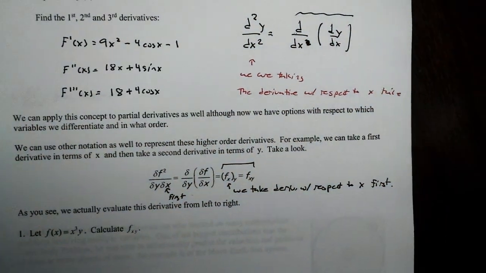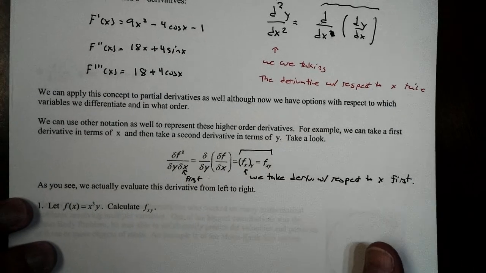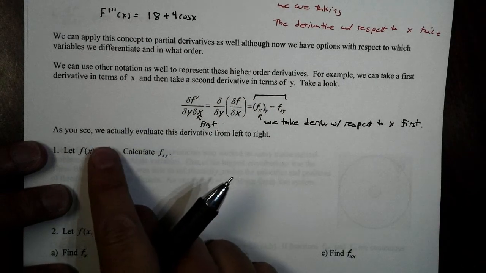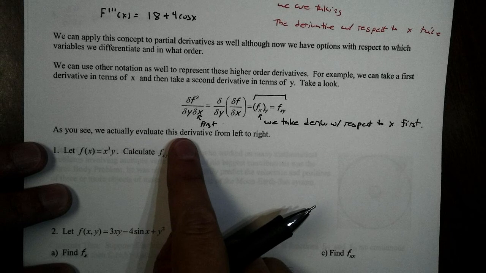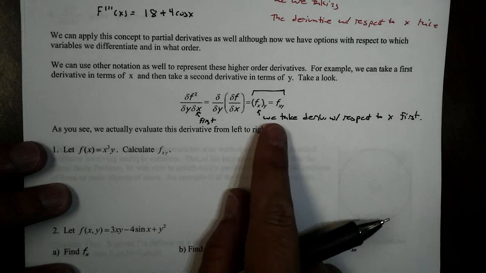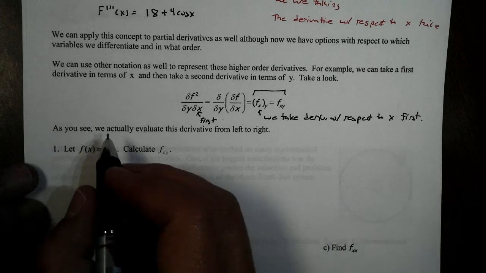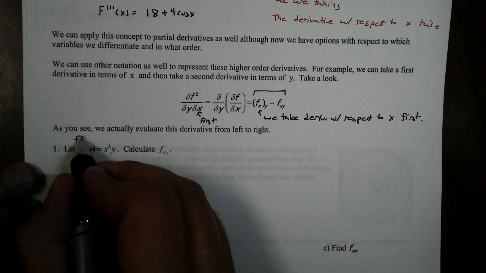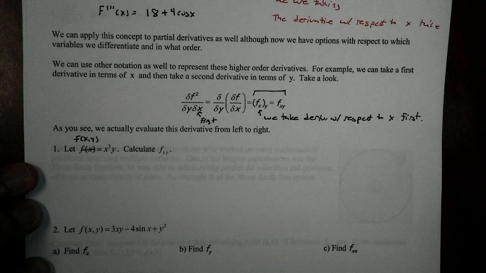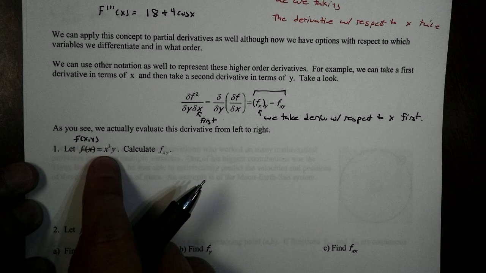Alright, so let's take a look down here. As you can see, we're going to evaluate this derivative from left to right. We have this function f of x, that should be f of xy. Old habits die hard. f of xy is equal to x cubed y.